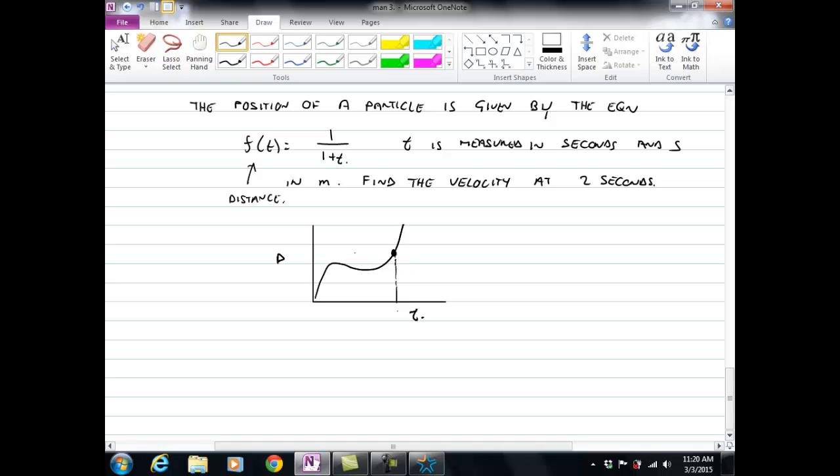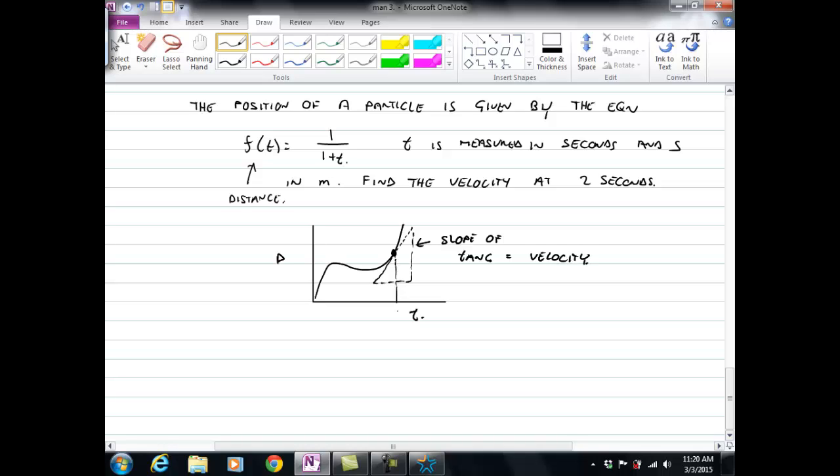Any physics here? How do you find the velocity of that? Yep. You're going to find the slope of the tangent, because the slope of the tangent right here gives you the velocity. So what this really is asking you is the slope of tangent equals velocity, according to Physics 11.